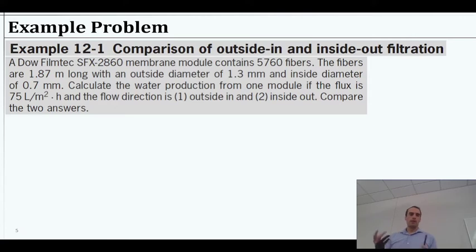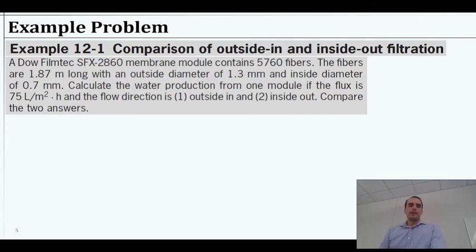So we have this Dow FilmTech SFX 2860 membrane module containing 5,760 fibers. So we've got this hollow fiber membrane. One unit has almost 6,000 of these little fibers in it. They're each 1.87 meters long with an outside diameter of 1.3 millimeters and an inside diameter of 0.7 millimeters.